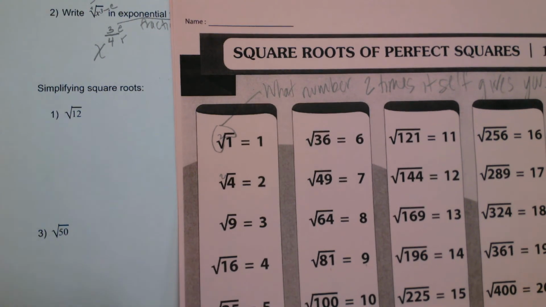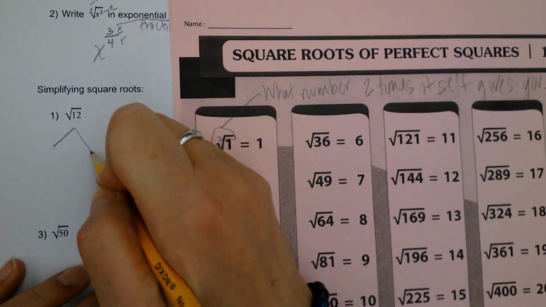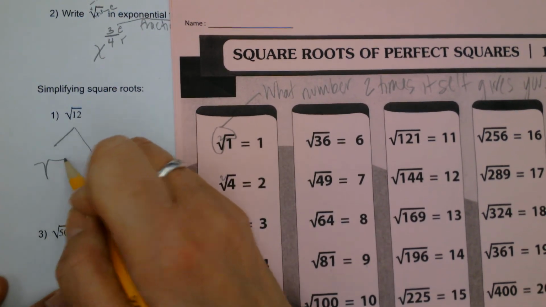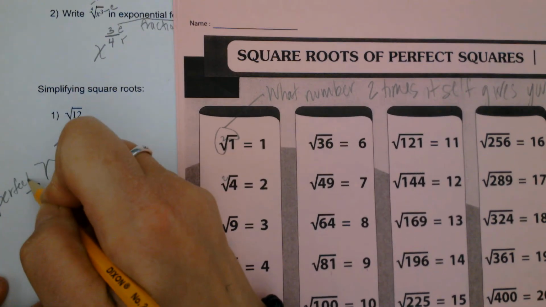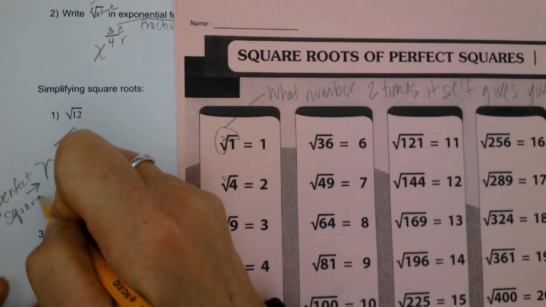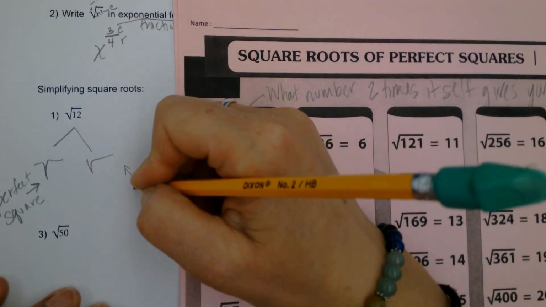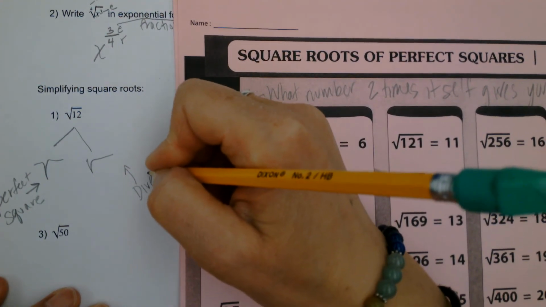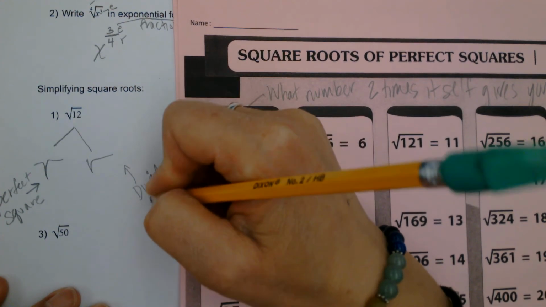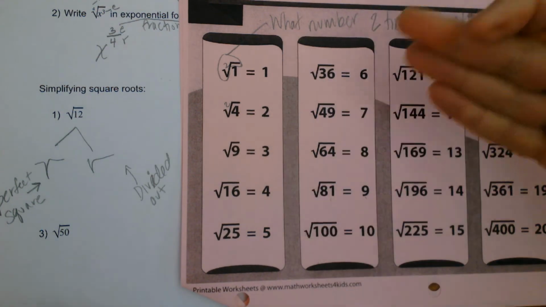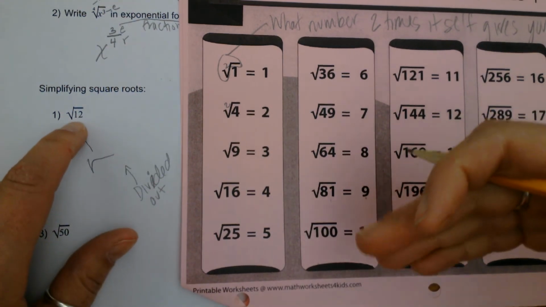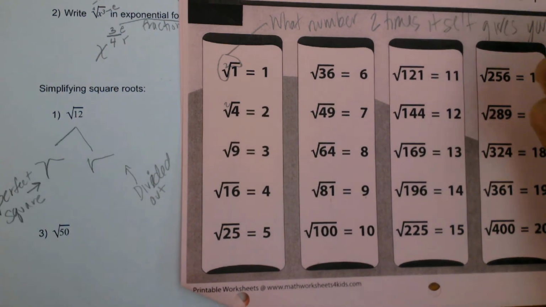Because when we simplify square roots, we have to break the square root down into 2 different ones. This first one is going to be a perfect square. And this one is going to be what's divided out. What do I mean by that? Okay, so which one of these perfect squares can we divide 12 by? Try to find the largest.